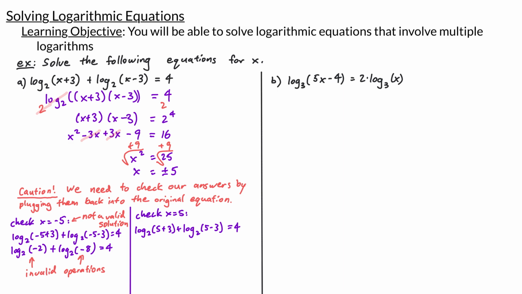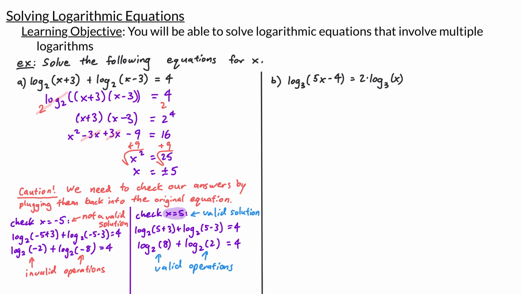Simplifying the expressions inside the logarithms, we have log with base 2 of 8 plus log with base 2 of 2 equals 4. At this point, we don't need to go any further because these logarithms are valid operations to perform. And this also tells us that x equals 5 is a valid solution to our equation. So for our equation here, the only solution is x equals 5.